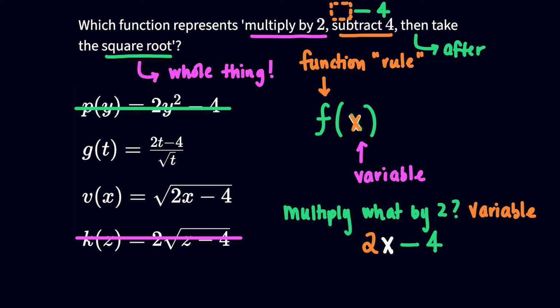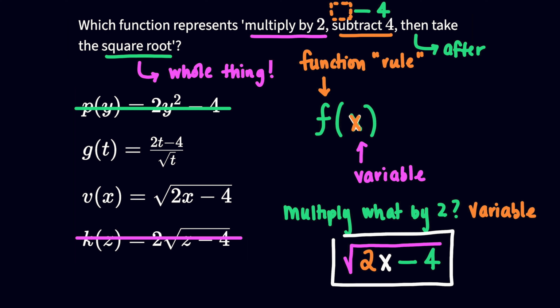So I don't just want to take the square root of the 2x. I don't want to take the square root of just the 4. I want to take the whole square root of the whole entire thing. So when I do my square root, I must go over everything. I want to get that all included. And this would be what you are generally looking for as the part of your function.